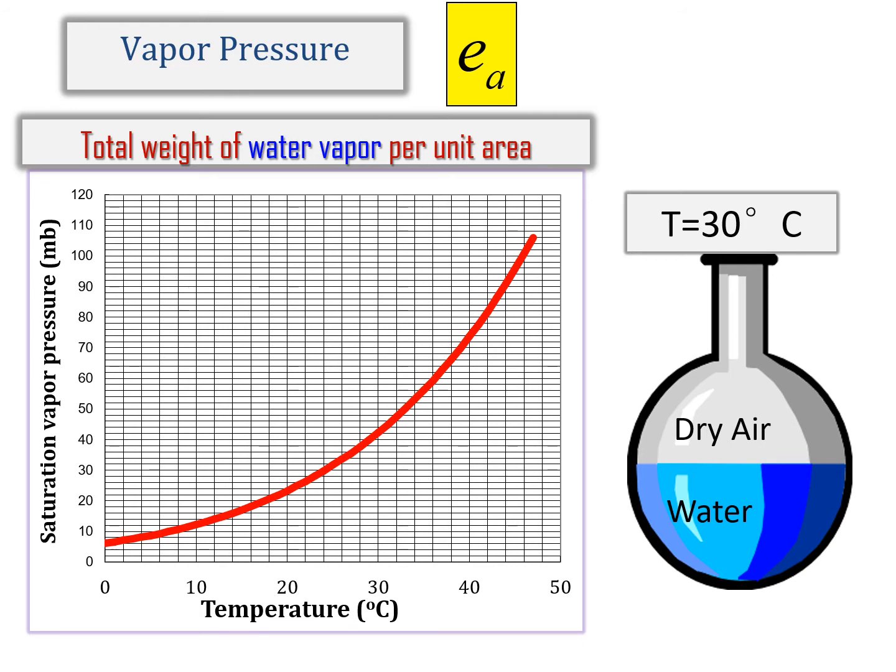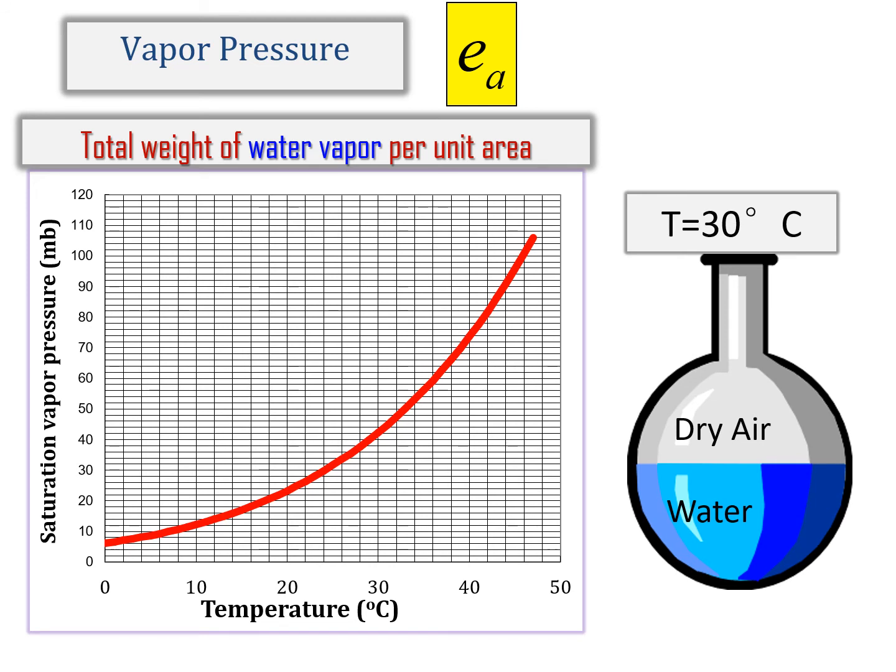And above the water, we assume that is dry air. Dry air means no water molecules. What's the total weight of water vapor molecules in the dry air? Tell me. What is the total weight? Zero! Because there's no water molecule there. So the total weight of water vapor molecules is zero.